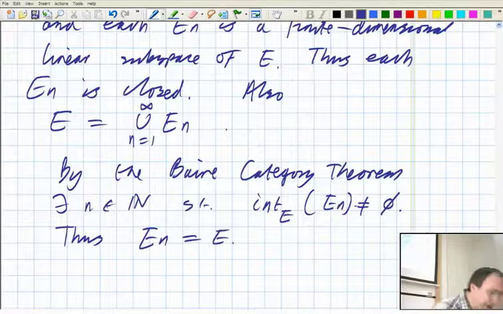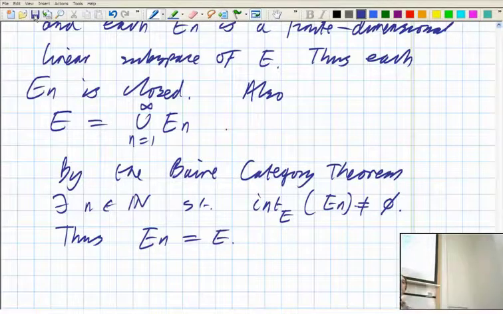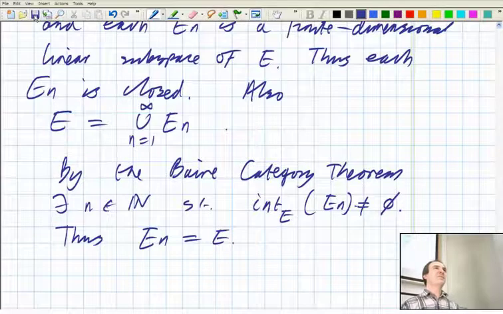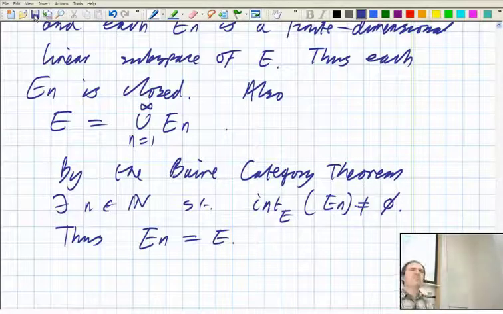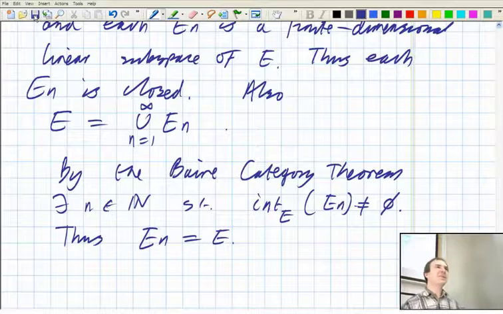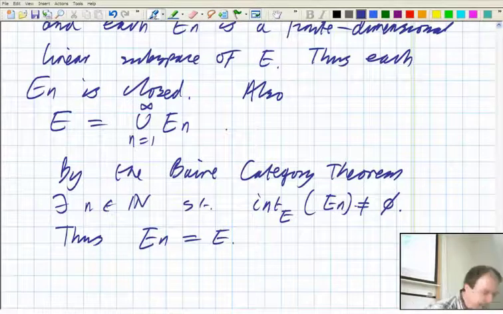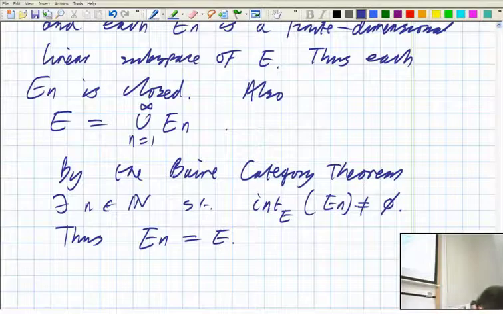Well, so that points to the fact we could have had an alternative proof structure. I did this by contradiction. The contradiction here is that this shows that E is finite dimensional, but I assumed it was countably infinite dimensional. So this contradicts the fact that E is supposed to be infinite dimensional.